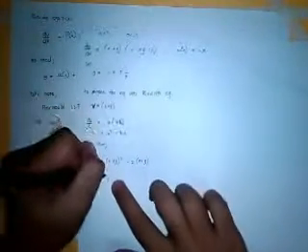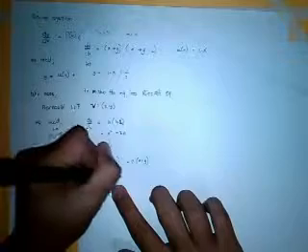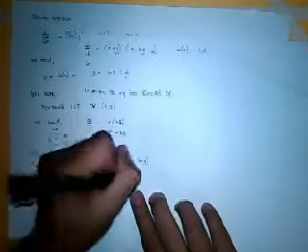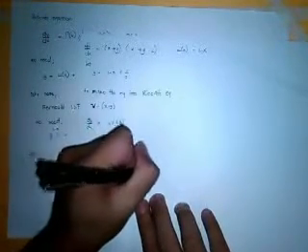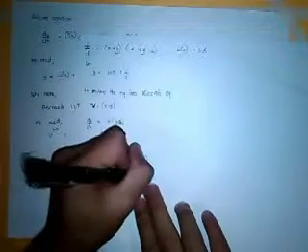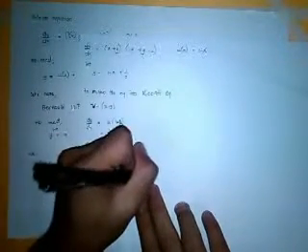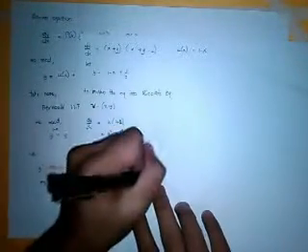Expanding, this is x squared plus 2xy plus y squared minus 2x plus 2y minus 2y.